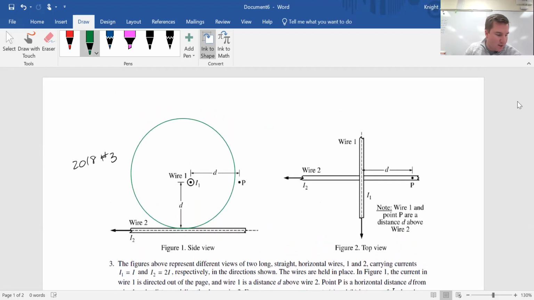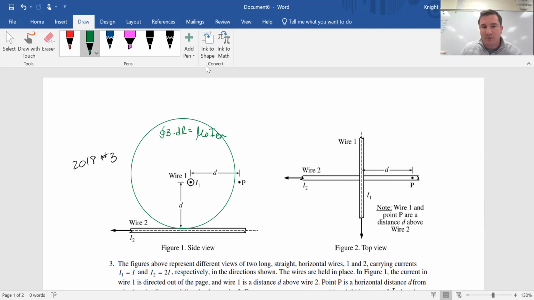So we're going to take the integral of B dot dl equal to mu naught times I enclosed. All right, so that's the equation we're working with.